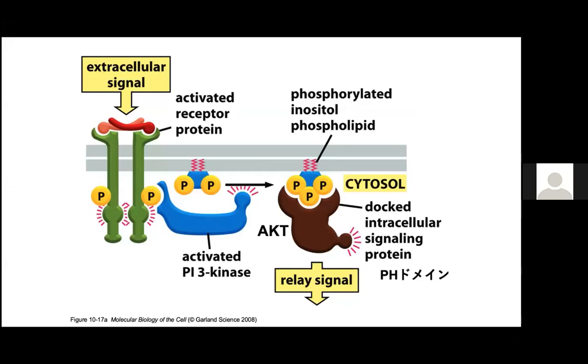Phosphoinositide PIP3, phosphorylated at positions 3, 4, 5 of the inositol ring, acts as a docking site for intracellular signaling proteins with PH domains, such as AKT, and is important in intracellular signaling.